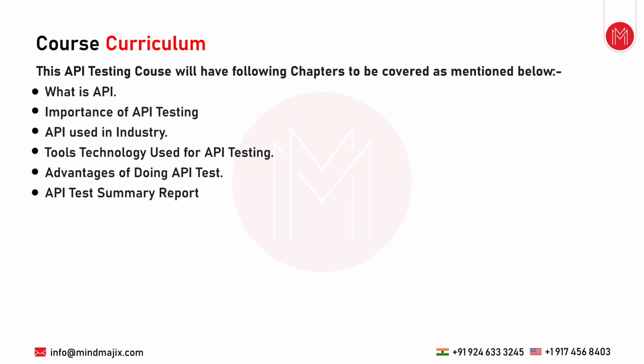In any testing you would require a test summary report, because users don't know what exactly you have tested and how you have tested. If stakeholders want to see, say 300 API test cases are running, how will they come to know which have passed, which have failed, or what the status of your complete API test is? So this is the sixth point, the API test summary report.